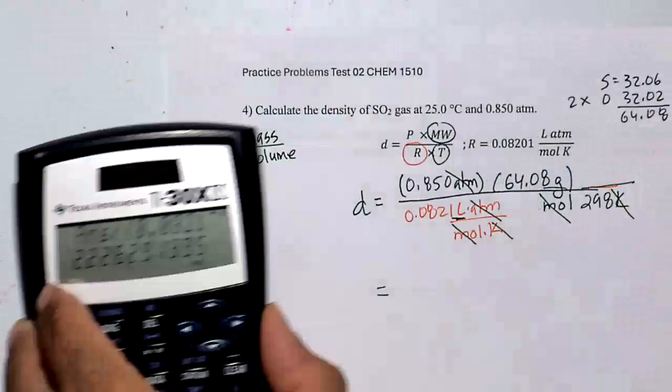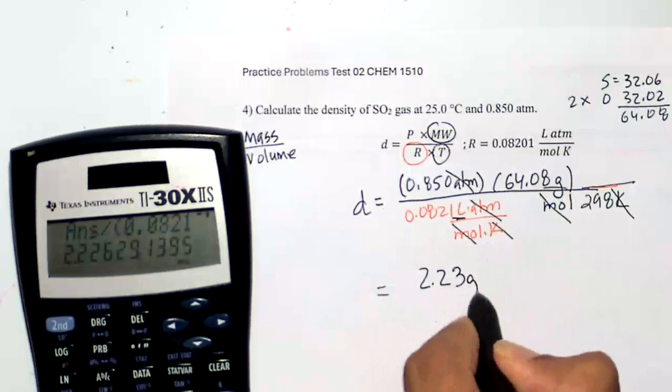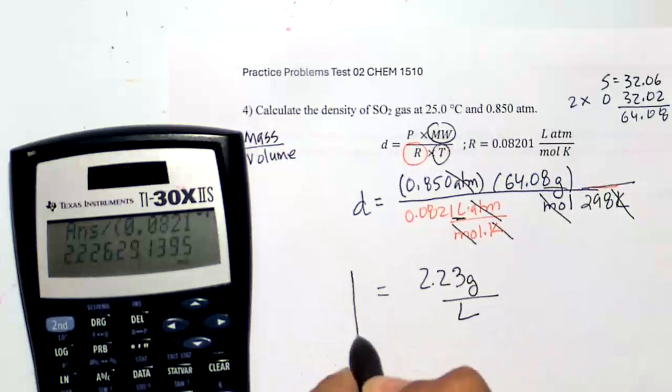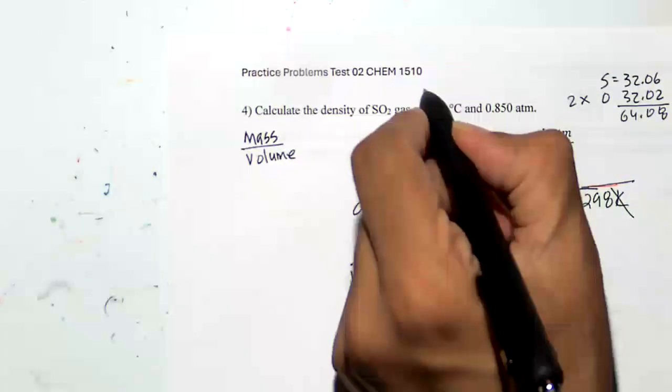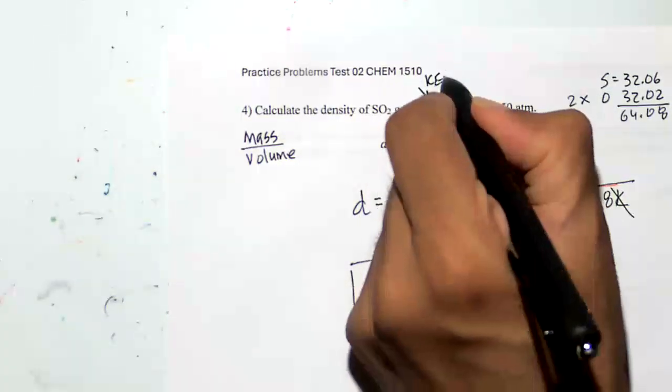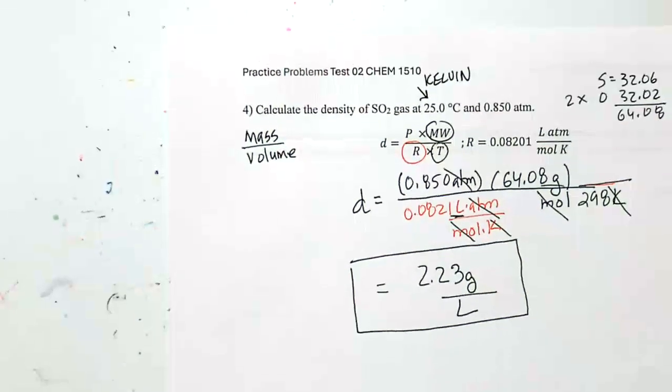Remember, mass over volume is density. So 2.23 grams over a liter. That's the density of SO2 gas at this temperature and pressure. Make sure you put it in Kelvin. A problem like this on the test, you just plug and play, plug it in and put the answer out.